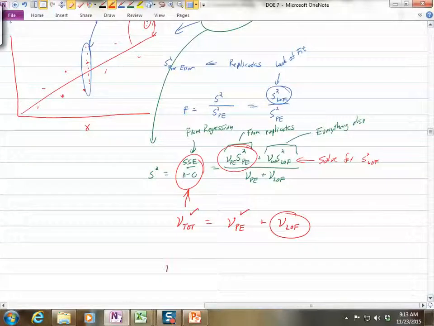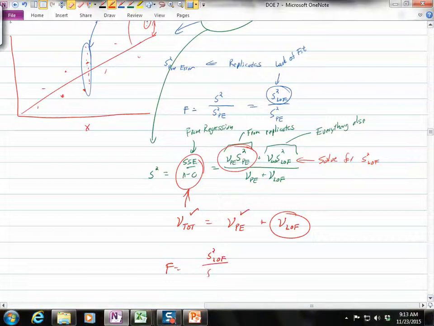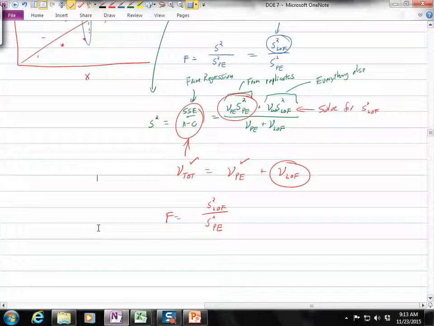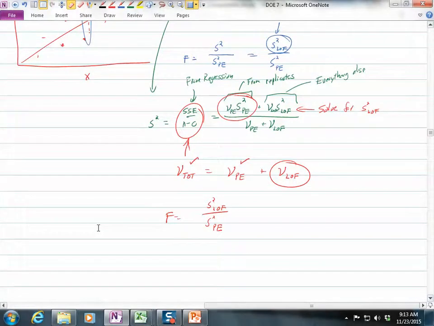The one that we want to do is going to be the variances of everything but replicates divided by the variance of the replicates. And if our model's good, these things should be about the same.